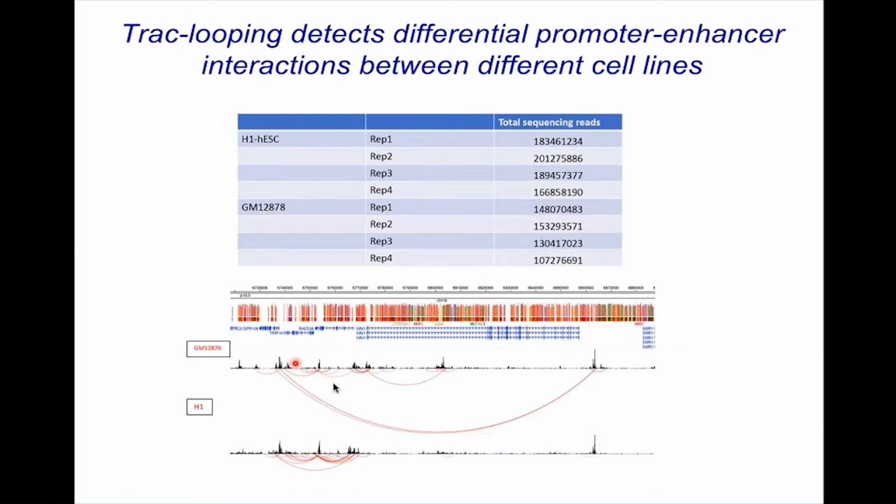This is just one piece of the information we showed here. These are the significant interactions detected from these PETs, this is for the GM cell line, and this is for the H1 cell line. As you can already see from this minimal analysis, there's a very different interaction pattern between these two cell lines shown by Trac-looping.